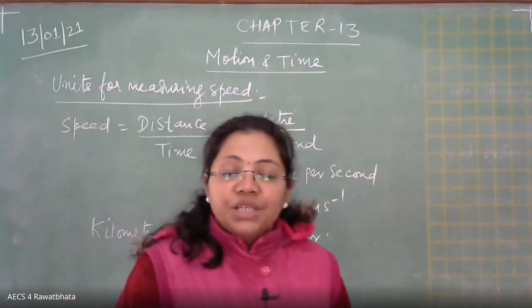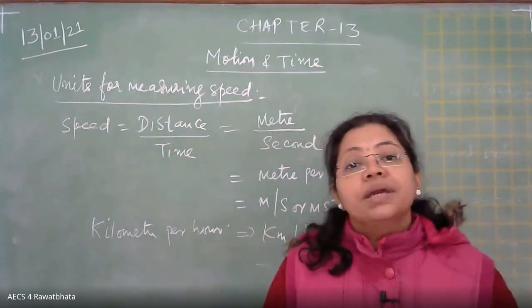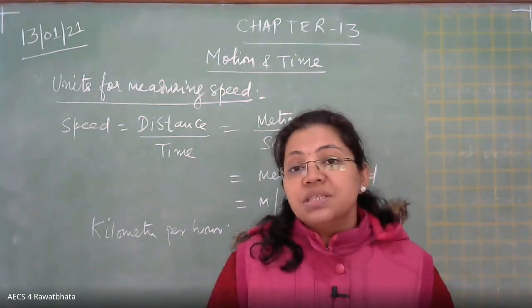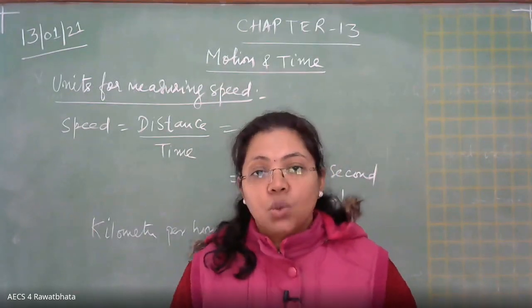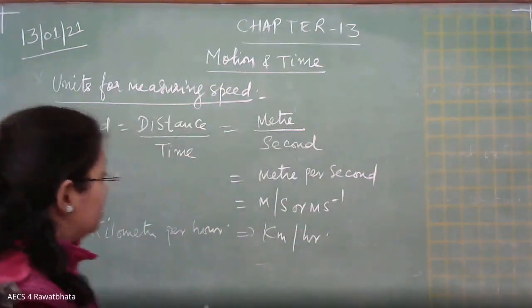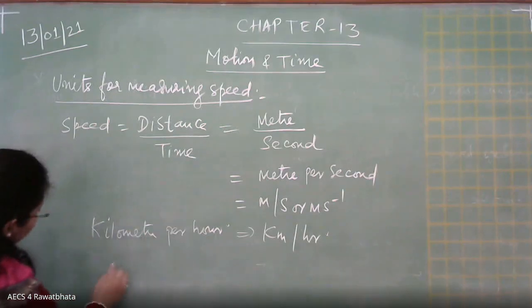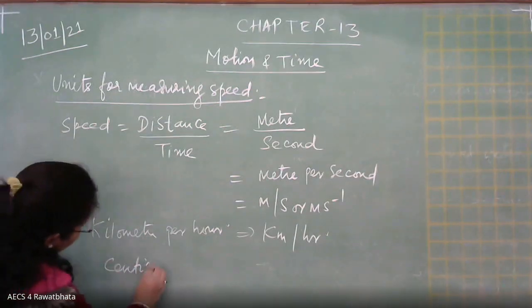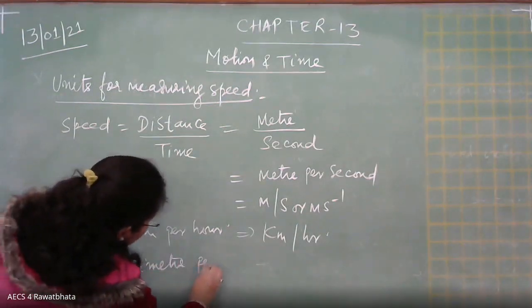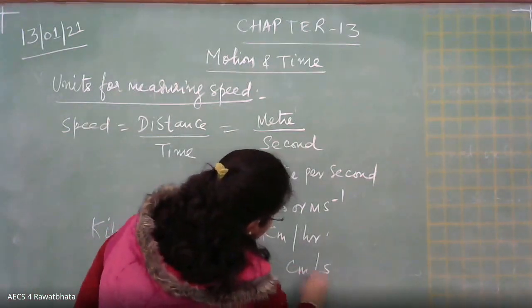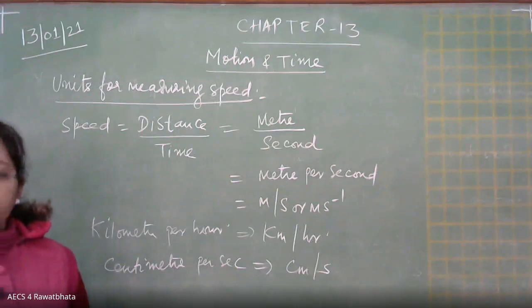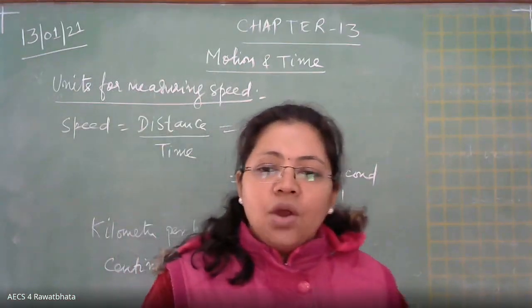Sometimes we want to measure the speed of some organisms, and these organisms don't move very fast. They move very slowly. So for them, we can use another unit, that is centimeter per second. Right?